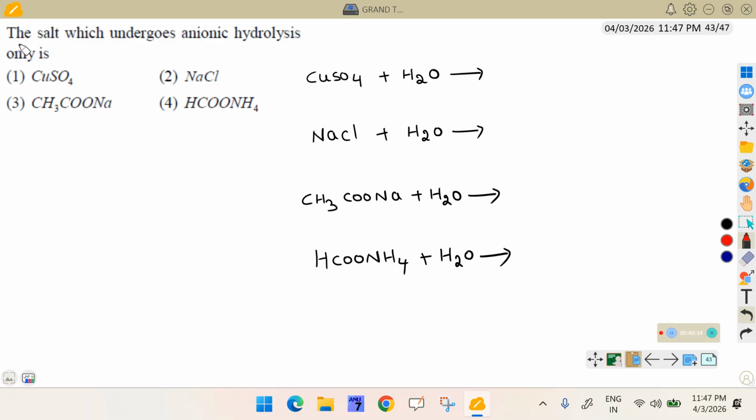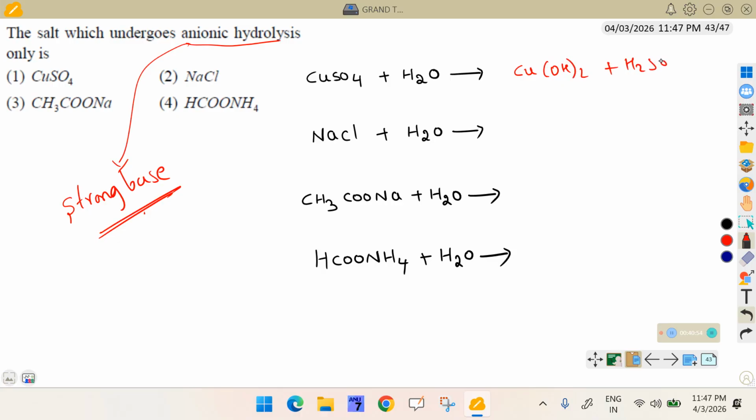The salt which undergoes anionic hydrolysis. If the base is a strong base, then the compound undergoes anionic hydrolysis. Now CuSO4 dissolved in water gives Cu(OH)2 plus H2SO4. NaCl dissolved in water gives NaOH plus HCl.